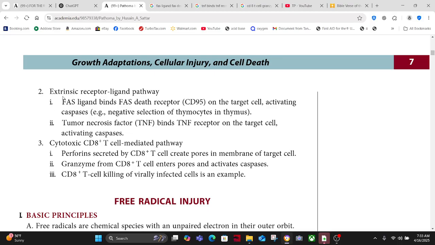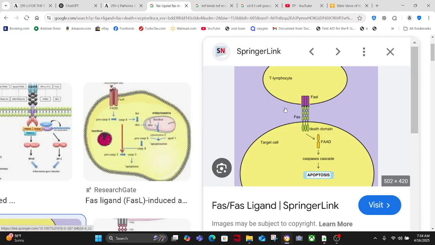So this is what this means. Fas ligand would be on the T cell, and the Fas death receptor is on the target cell, whether that be a cancer cell or a microbe. So we have the T cell here, and the Fas ligand is attached to the T cell.